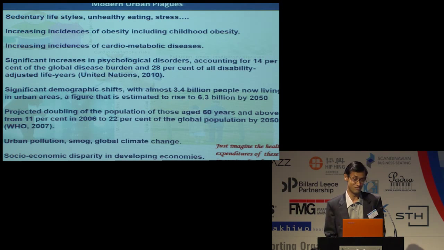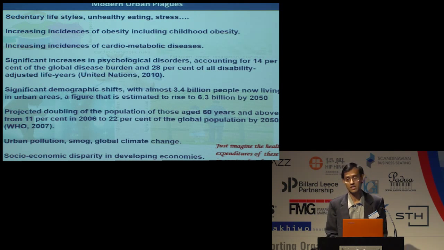Now, what are the challenges? The challenges are sedentary lifestyles, unhealthy eating behaviors, stress, and increased incidences of obesity, especially amongst children. That's a very bad scenario in several countries. There are increased incidences of cardiometabolic diseases and psychological disorders, accounting for almost 14% of the global burden of diseases.